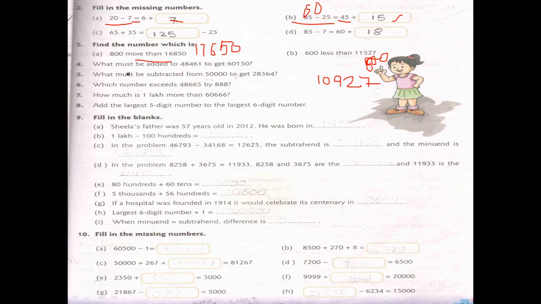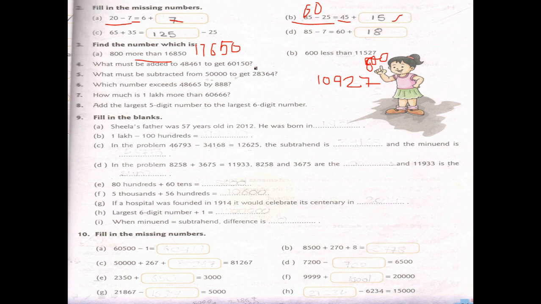Question number 4. What must be added to 48,461 to get 60,150? It means you have to add some number to 48,461 so that your sum will be 60,150. So what you have to do is subtract 60,150 minus 48,461.